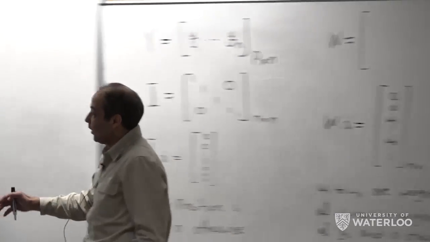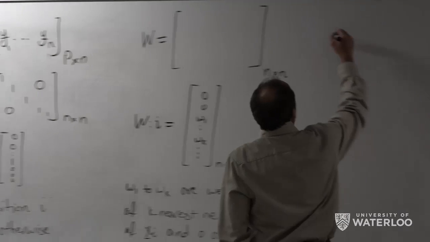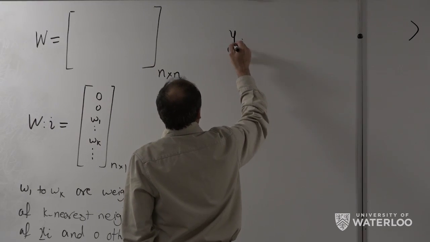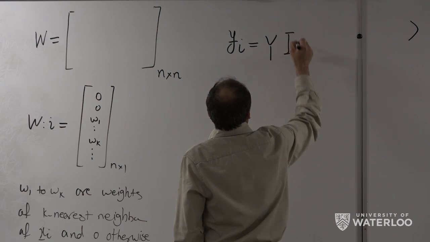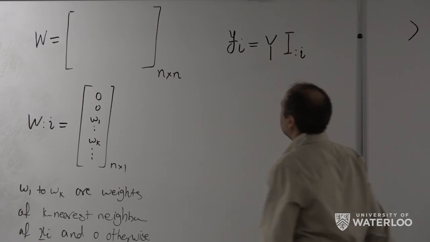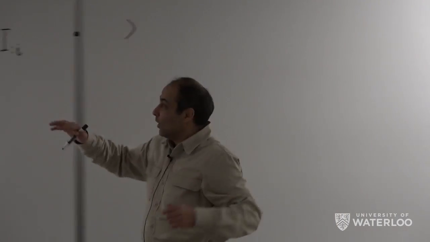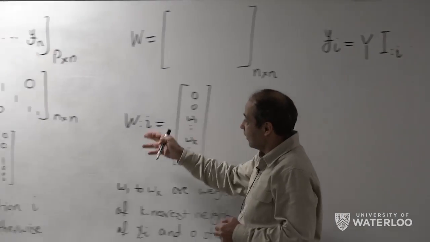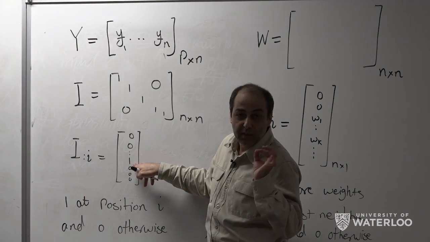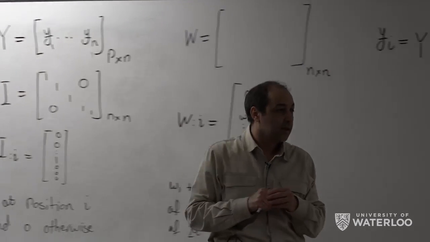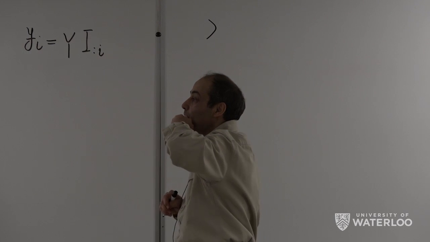I have yi here. yi using these notations can be written as Y times I_i, right? Basically, if I take the whole matrix Y and multiply by this vector, it just picks the ith column of Y. Everything else would be knocked down. So yi is yi. Okay?